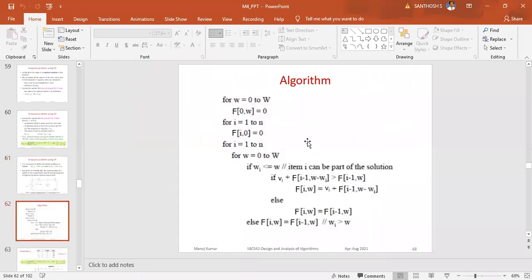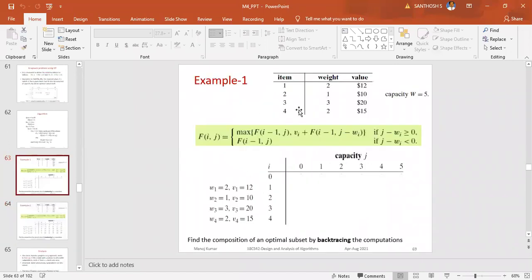So come to the algorithm part. Rather than going through the algorithm, I will go with an example, so you can easily understand. The items are 1, 2, 3, 4 with weights 2, 1, 3, 2 and values $12, 10, 20, 50. W is equal to 5. F of i comma j is equal to max of f of i minus 1 comma j, this is the formula.